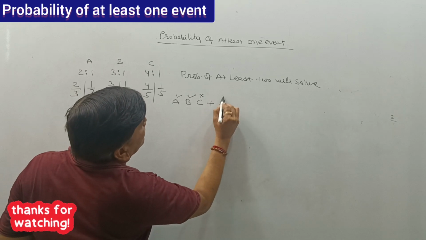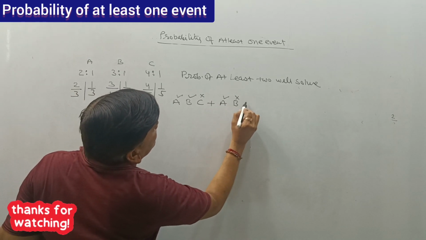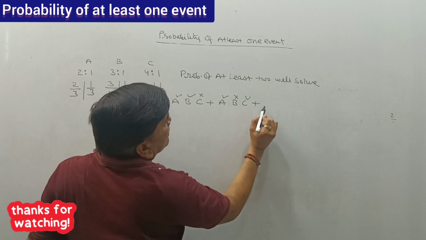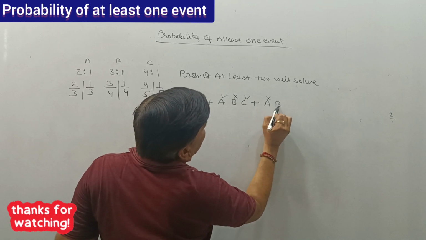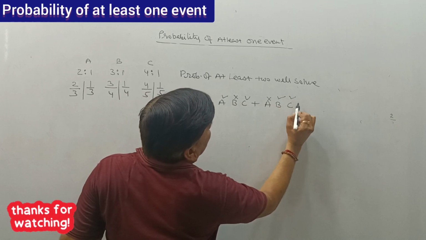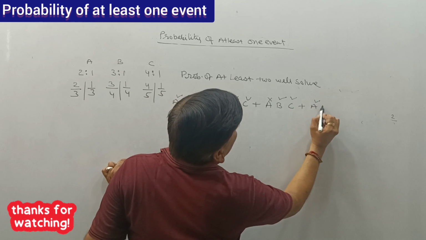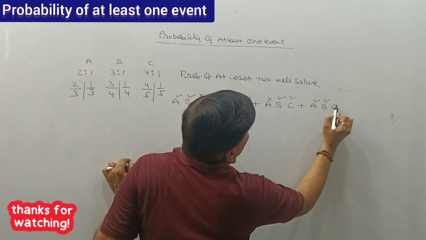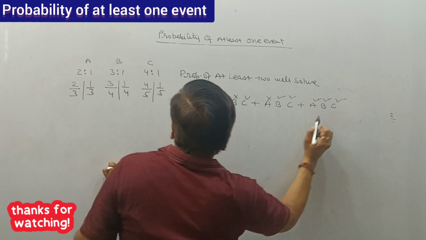Or A will solve, B cannot solve, C will solve. Or A cannot solve, B and C solve. Or last, A, B and C all solve.